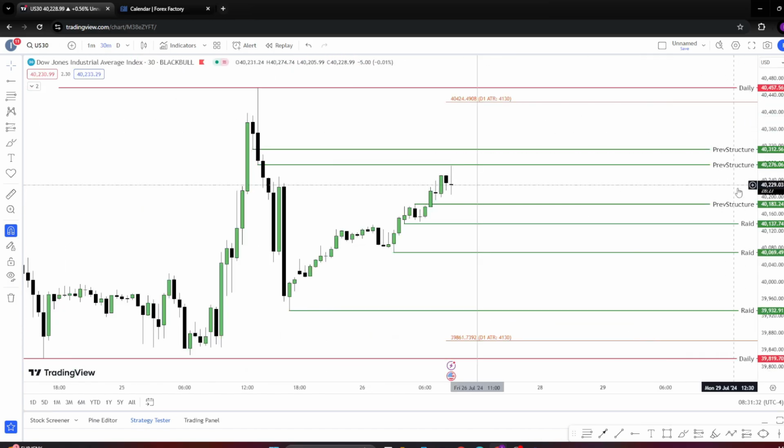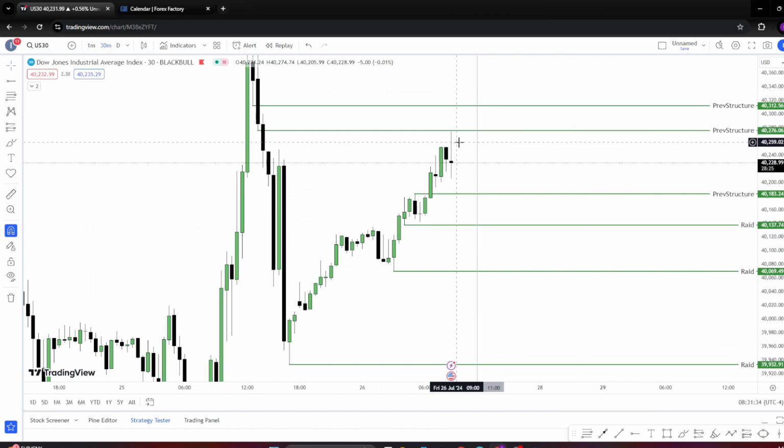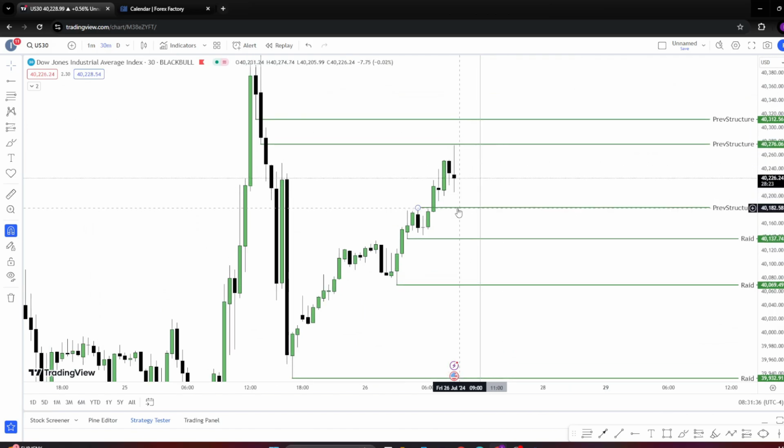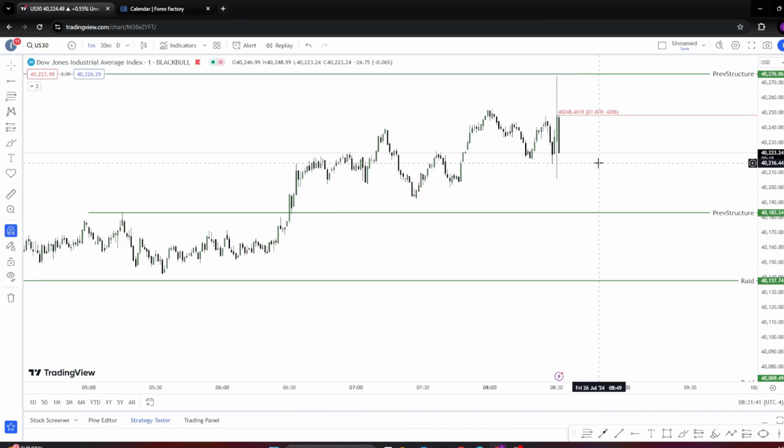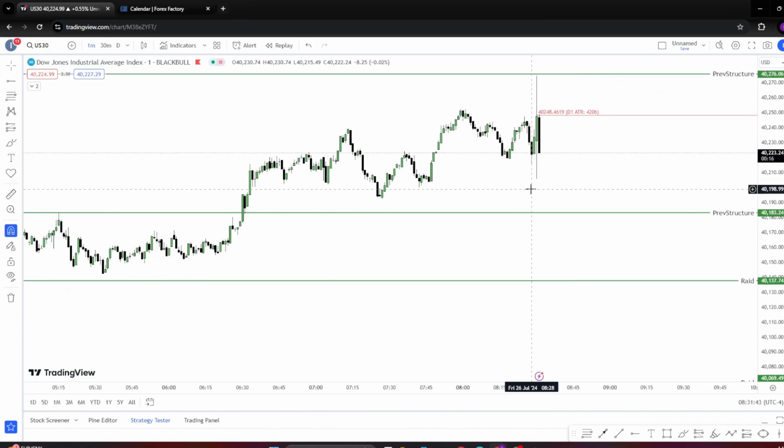Let's just calmly watch this. Looks like the US 30 is a bit ahead here with the rejection. This range right here isn't really that good. It's not really that big. But it could be possible to trade if we do get what I want to see.